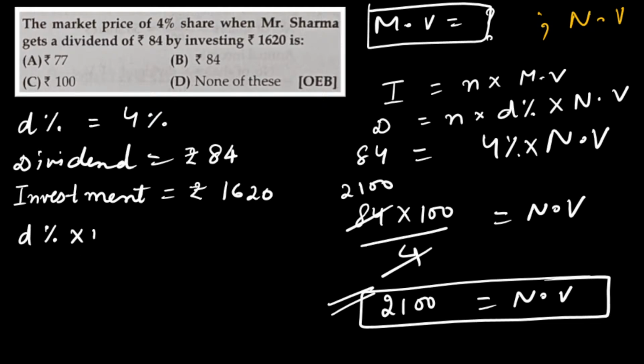Dividend percent into nominal value is equals to, okay, this we can't use. So 2100 we found the value of. Now we can make use of the other formula.